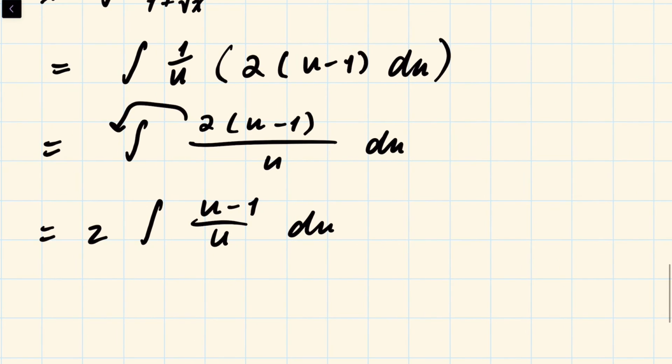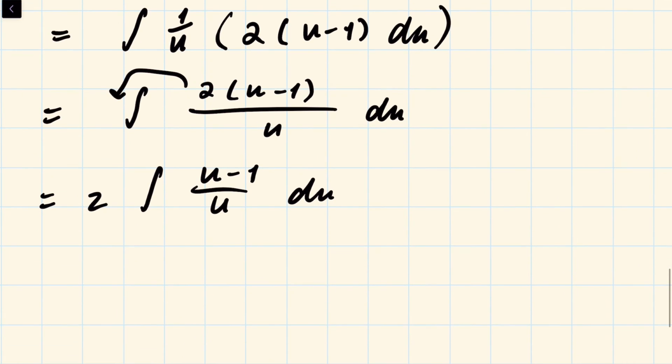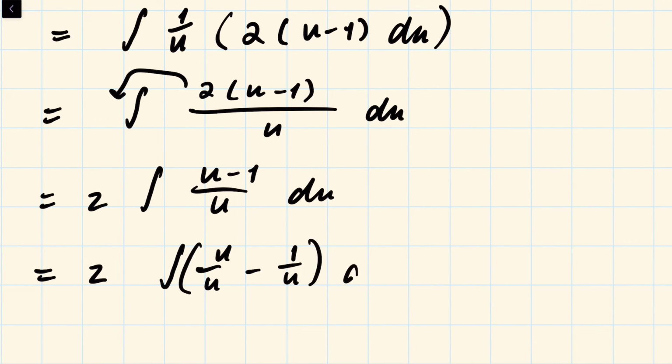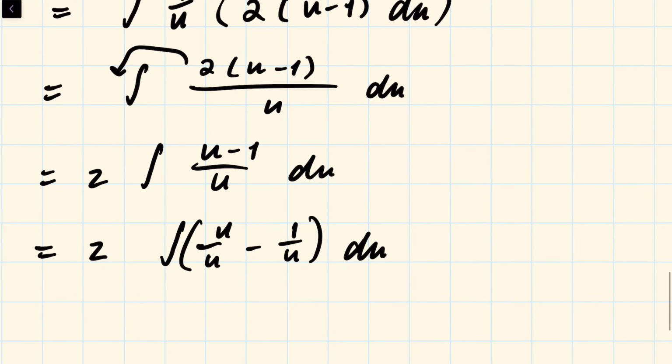So we can break that up now into u over u minus 1 over u, and it's by du, right? And u over u is actually just 1, so I'll just write that down now. It's just breaking it up.